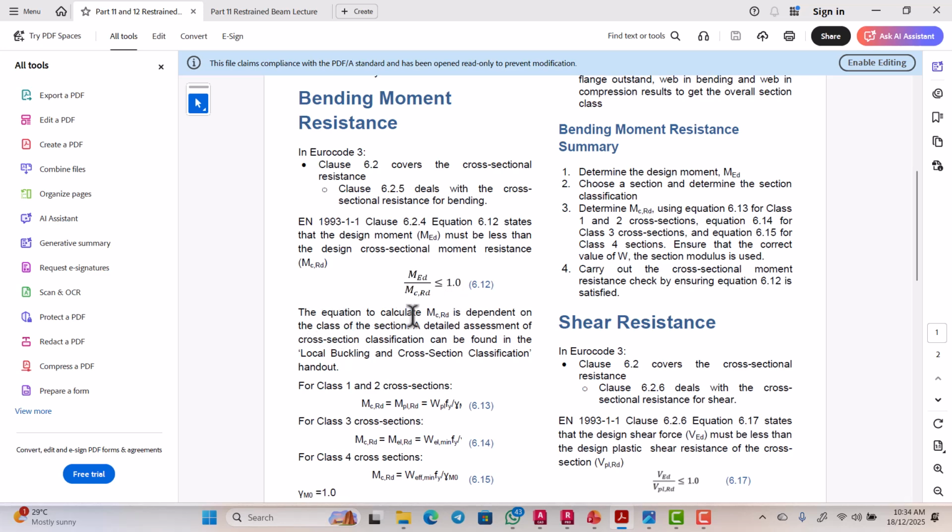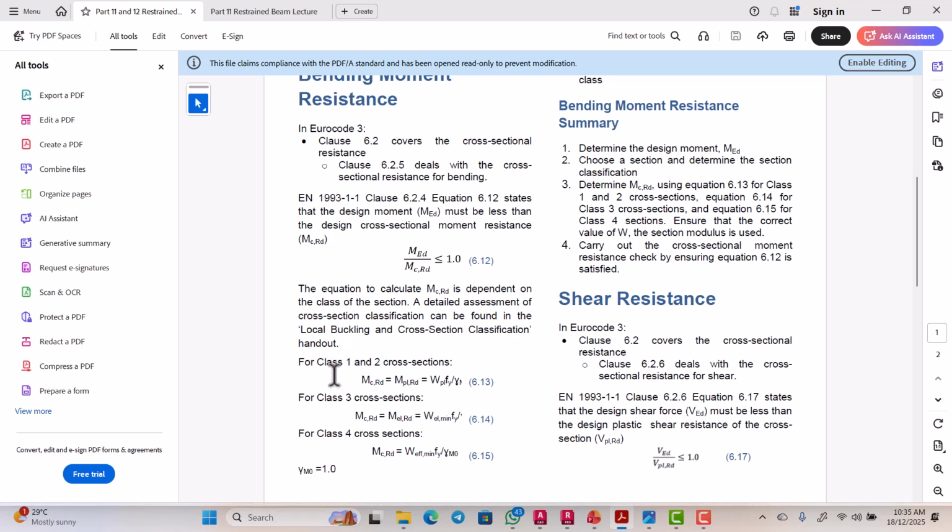Now, the equation to calculate the resisting moment depends on the class of the section. In our steel design classification, we have class 1 and class 2, and so on. So the resisting moment depends on which class your cross section belongs to.